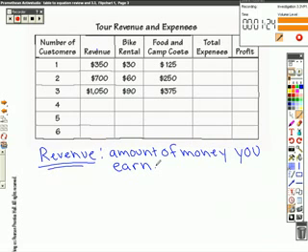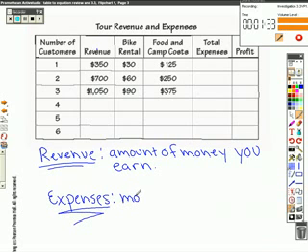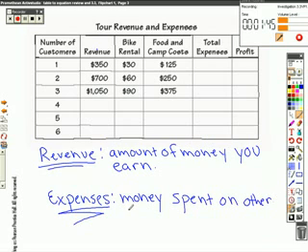All right, expenses. Expenses is, for lack of a better word, money spent on other things. So expenses is basically anything that you spend money on, and we'll get into how that rolls into all this.